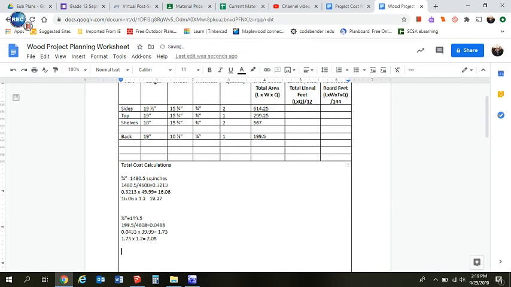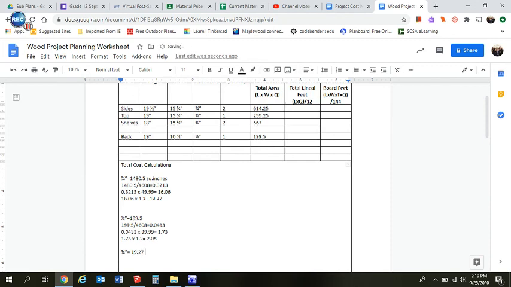So now we're at our subtotal. We're going to go with our 3/4 inch total cost before taxes equals $19.27.